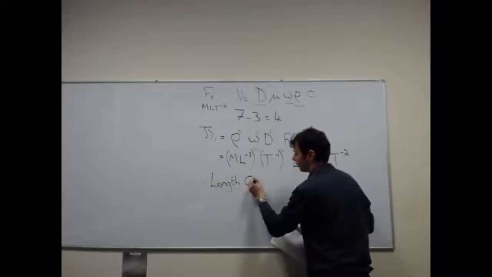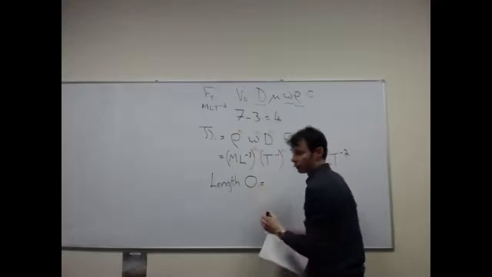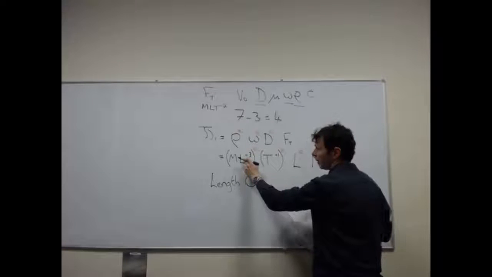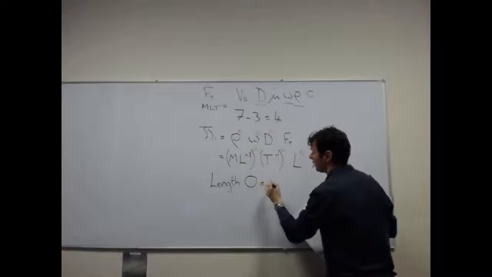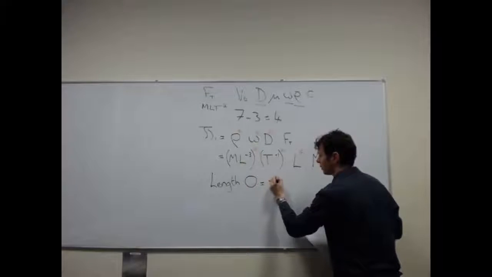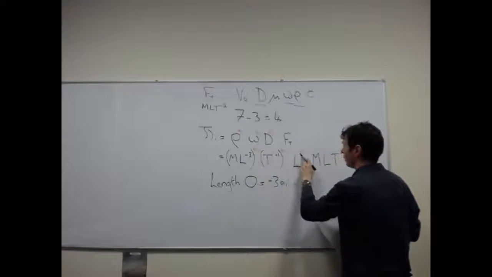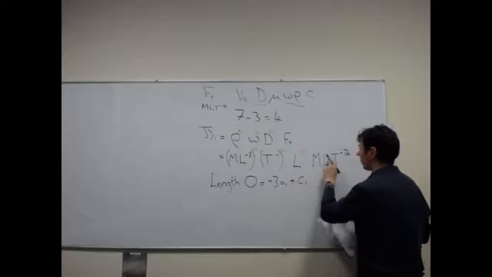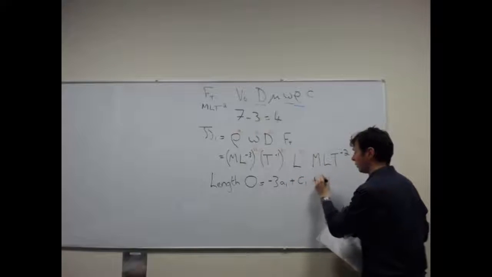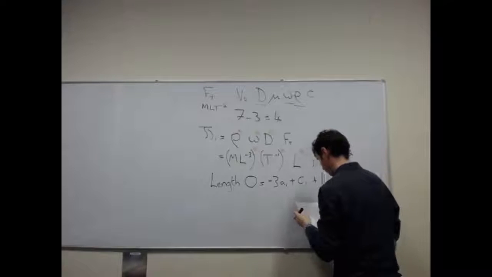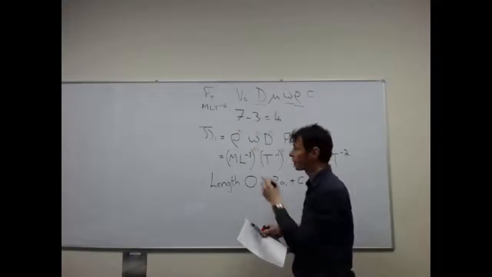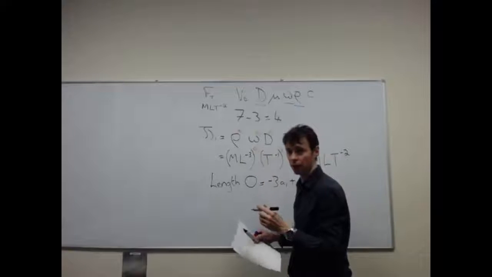So basically it equals 0, so we've got length here, so minus 3 A1, so 0 equals minus 3 A1, plus C1, and then plus another 1, plus 1. Just take your time with this step, because sometimes it's easy to miss them or write them down incorrectly.